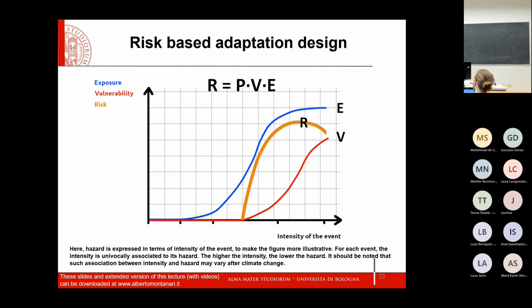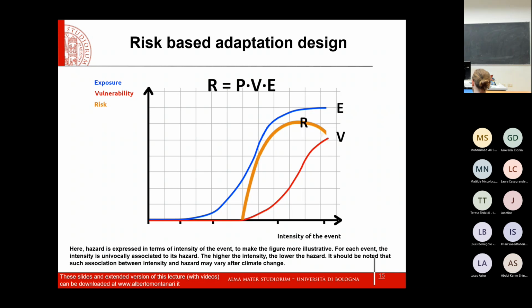Because this graph can be used to visualize how vulnerability changes after an intervention, after an action, how vulnerability changes if I install a cooling system. Therefore, here I can visualize a new curve and then see the effect over the risk. And then I can decide whether I want to focus on the maximum risk or on the whole spectrum of risk.